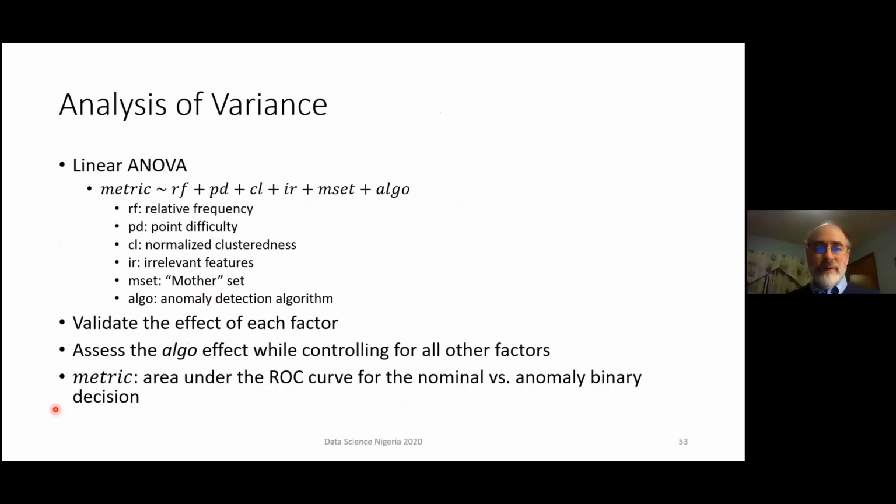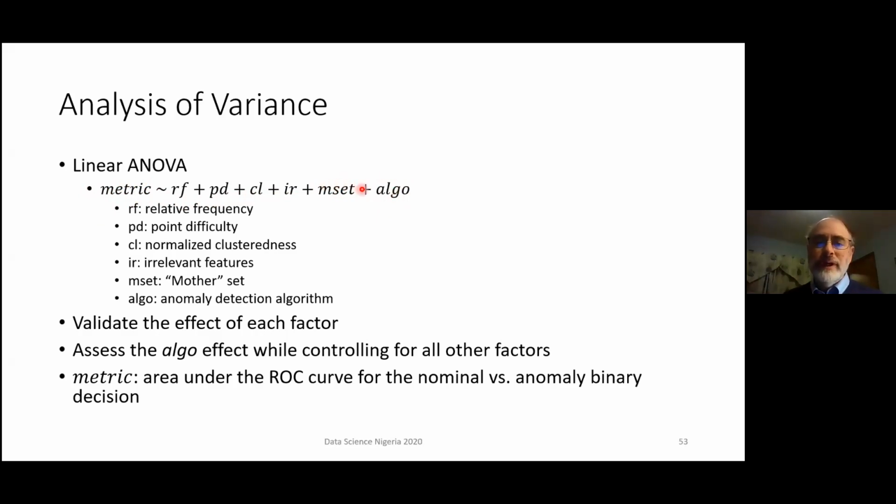And then we did an analysis of variance in which we tried over these 10,000 data sets to ask how well can we predict a metric as a function of the relative frequency, the point difficulty, the clusteredness, the irrelevant features, the mother data set, which would be to say the parent data set, the one of the 19 data sets that was used to generate this, and finally, which anomaly detection algorithm we're using. Because as you have no doubt discovered, which algorithm is best for your problem varies from one problem to another.